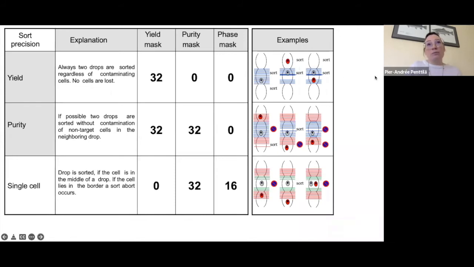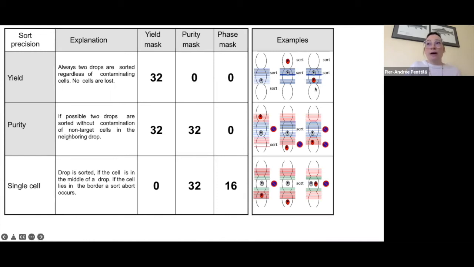In yield mode here, there are always 2 drops sorted, regardless of the contaminating cells, and no cells are lost. So you can see that if the target particle falls within this blue area, it is sorted, and it's still sorted even if a contaminant particle is in the adjacent drop or close enough to it.